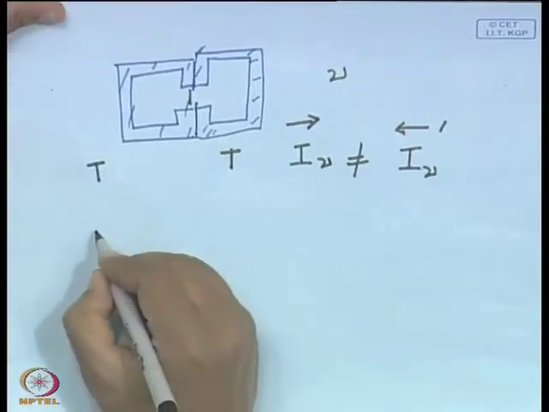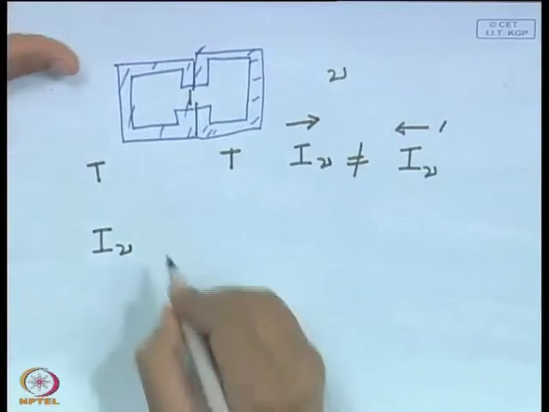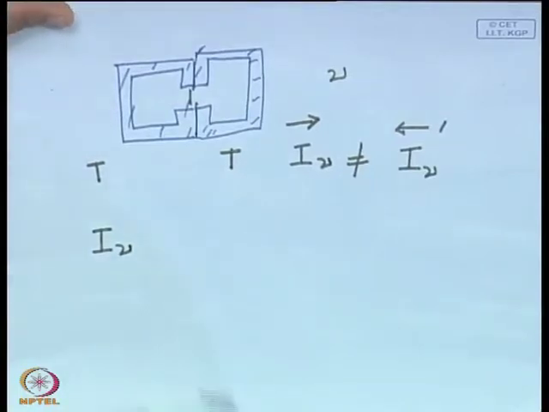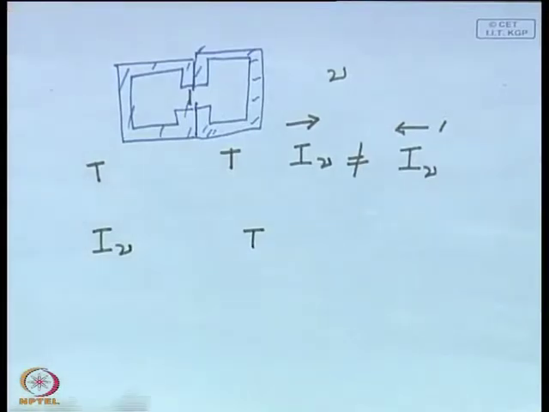So, it essentially tells us that I nu is a universal function of the temperature alone, it cannot be different in these two cavities. Okay.